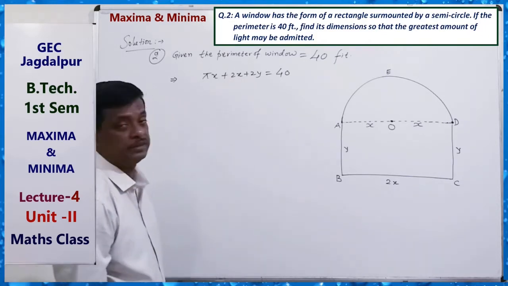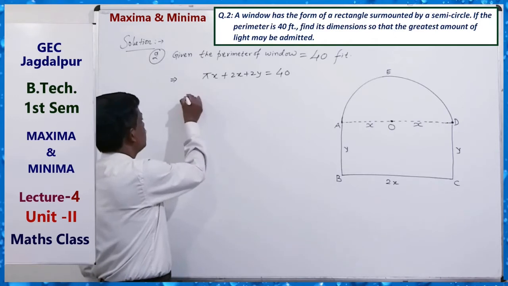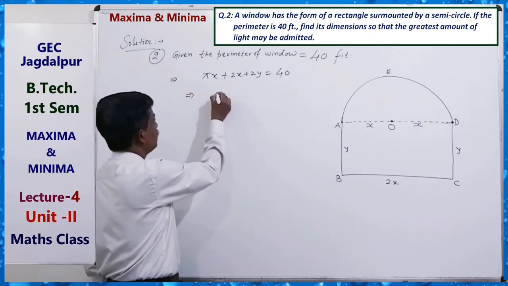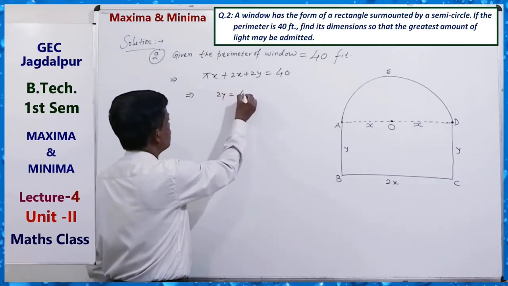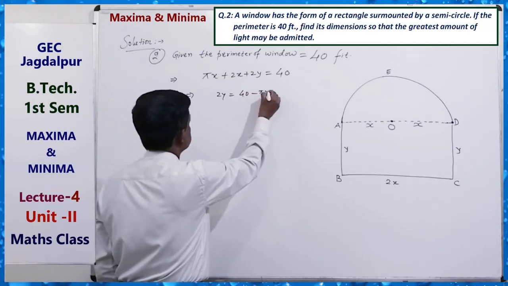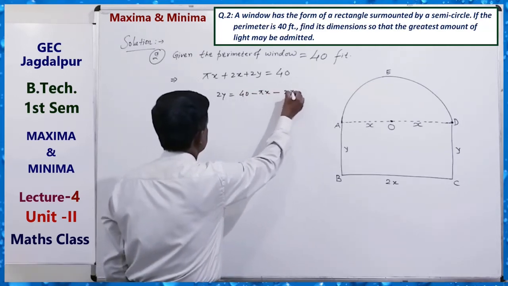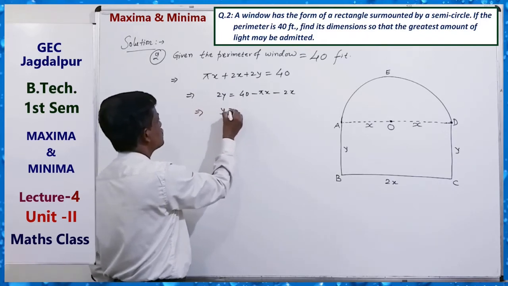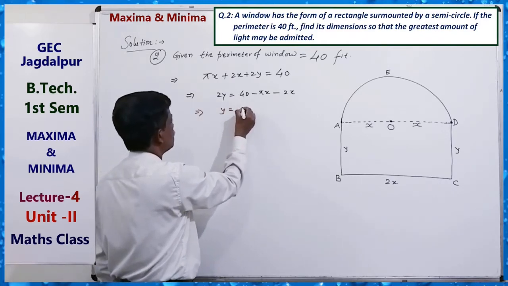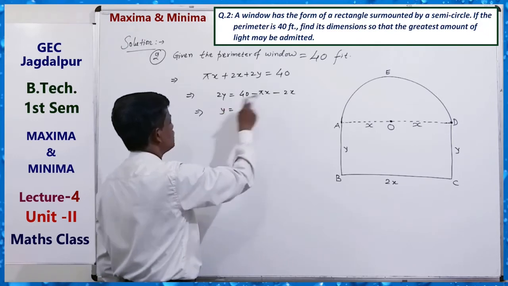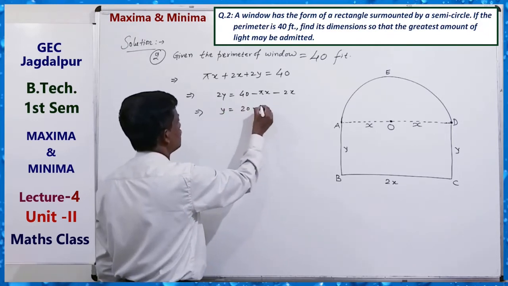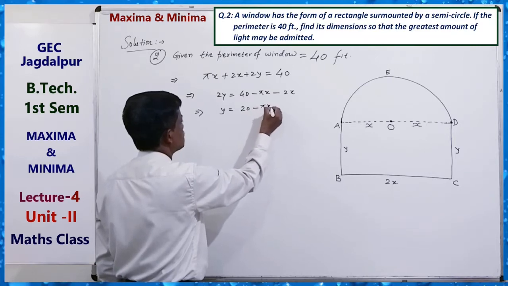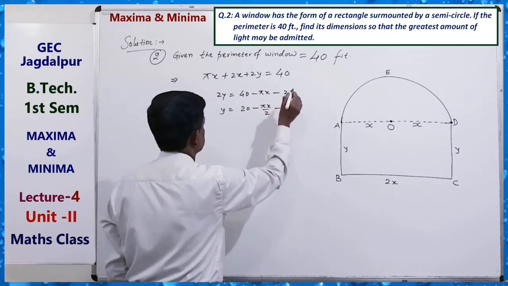So now from here we can write 2y equals 40 minus pi x minus 2x. y equals, just divide by 2, 20 minus pi x by 2 minus x.